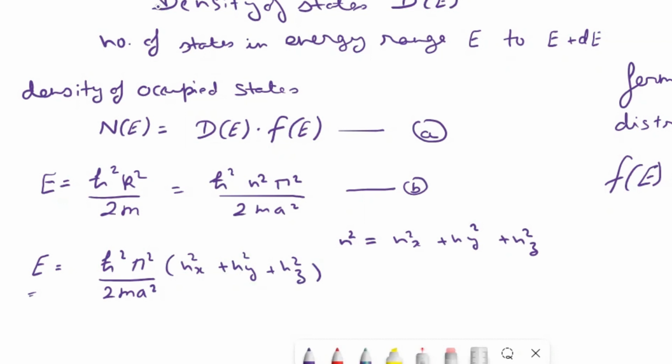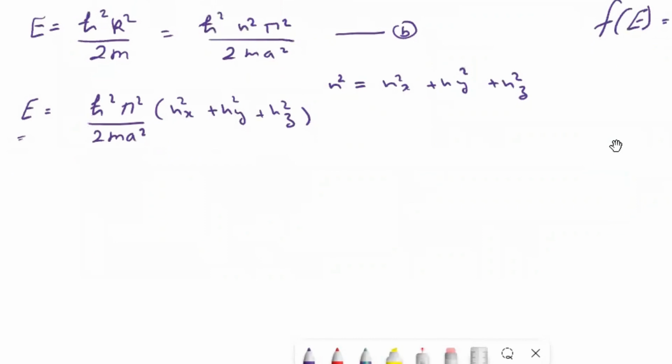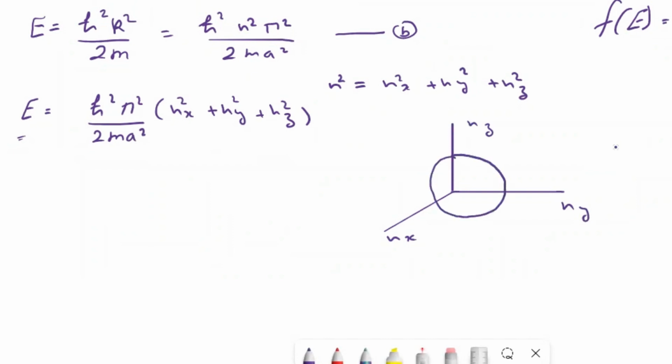So what we are getting is nx square plus ny square plus nz square equal to a constant value, which is the equation of a sphere in quantum number space.